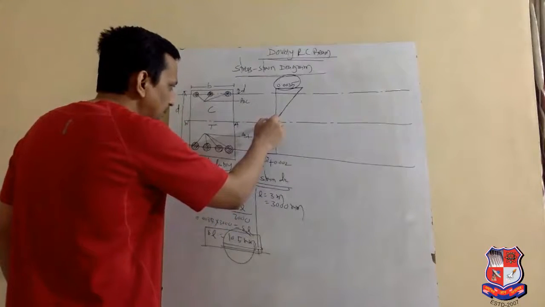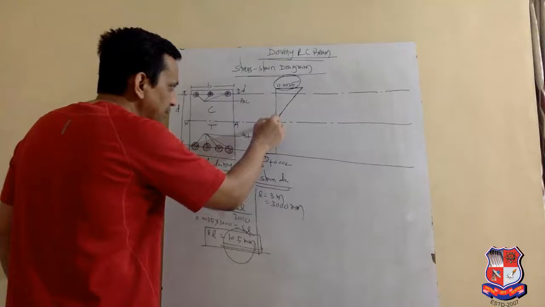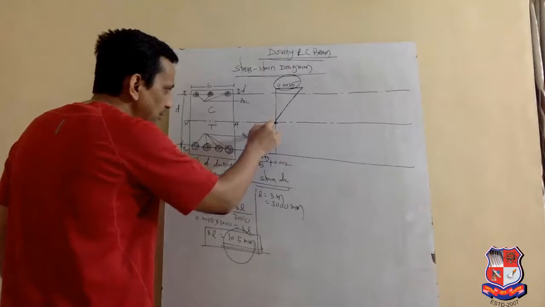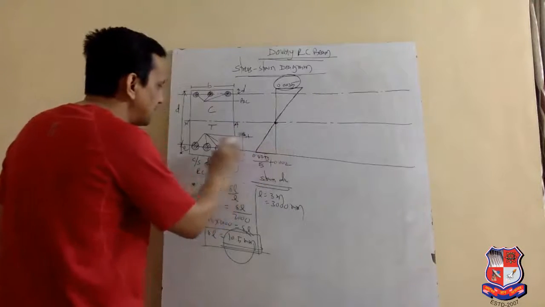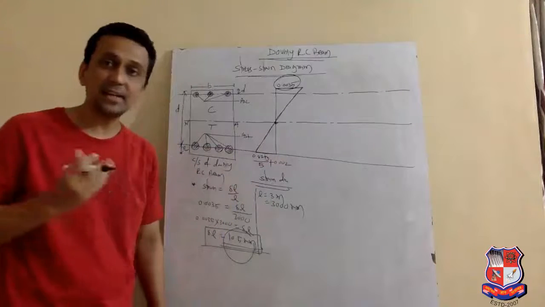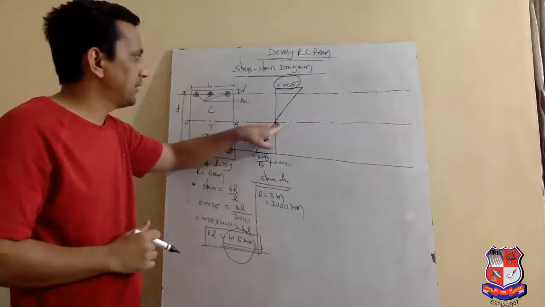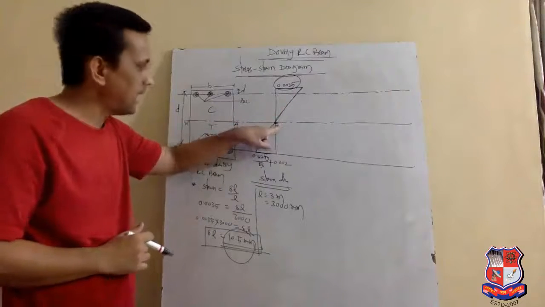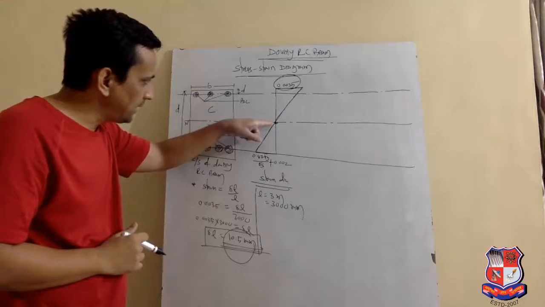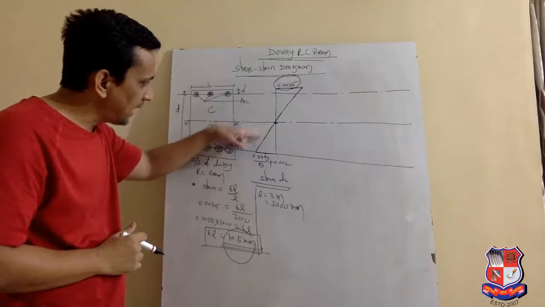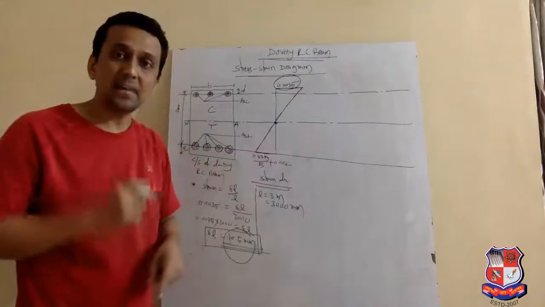Tensile strain starts from 0 and increases, and it becomes maximum where the tensile reinforcements are placed.